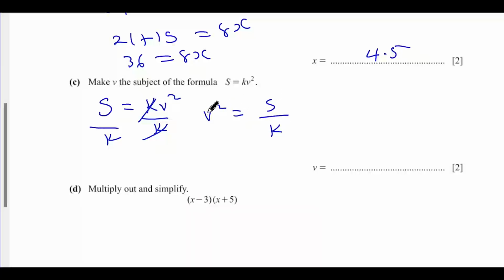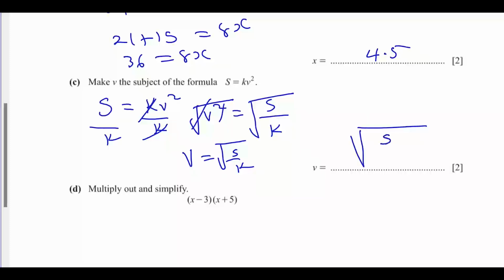But we need to make v the subject of the formula and not v squared. So we need to take the square root of both sides. So this cancels this. We have v equals the square root of s over k. So we have square root of s over k.